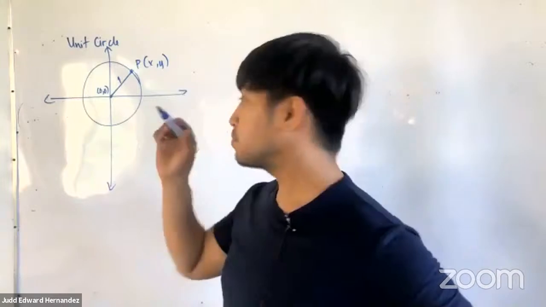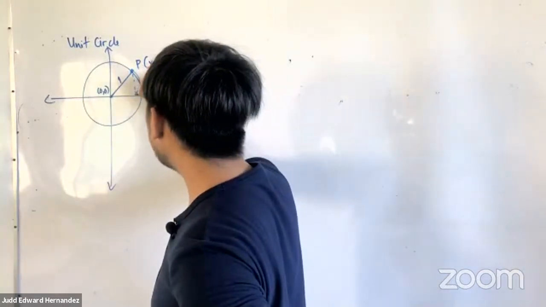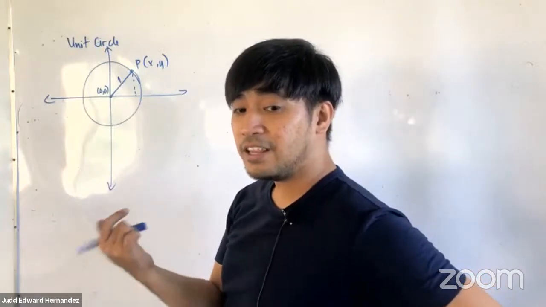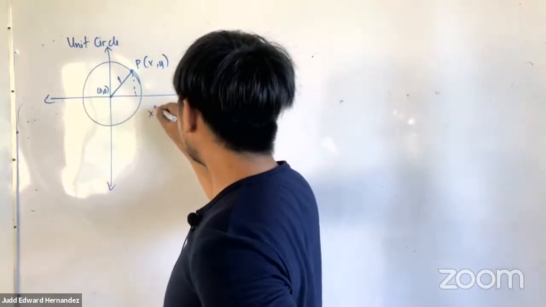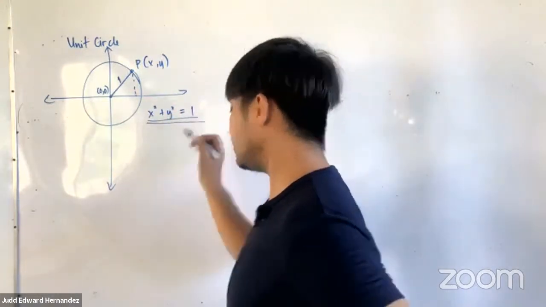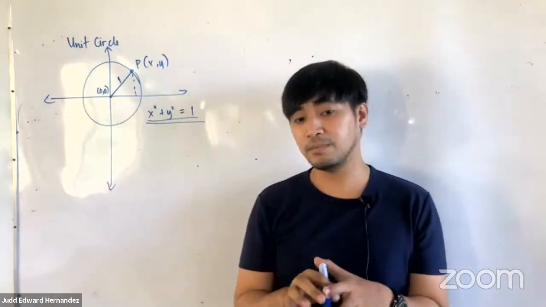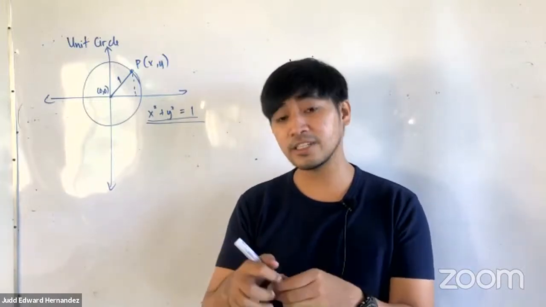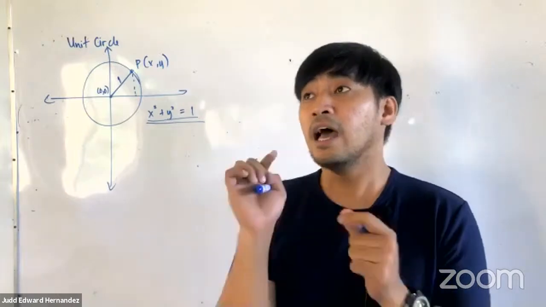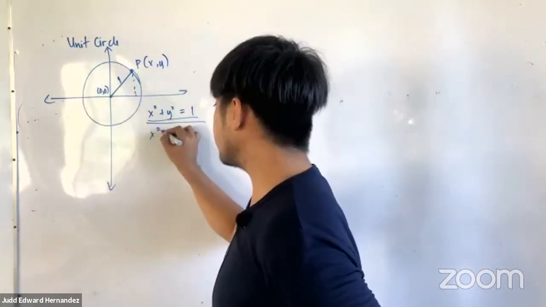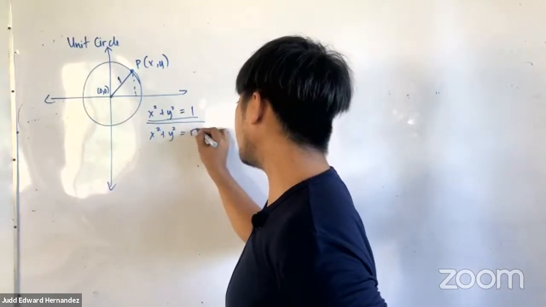Okay. And if gagawa ako ngayon ng triangle dyan, so alam na natin na ang magiging value nito is x squared plus y squared is equal to 1. Bakit naging x squared plus y squared is equal to 1? Diba? Sabi natin, dun sa standard equation ng circle natin, having the center at the origin, that is x squared plus y squared is equal to r squared.